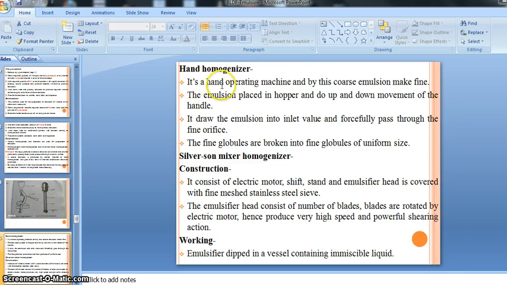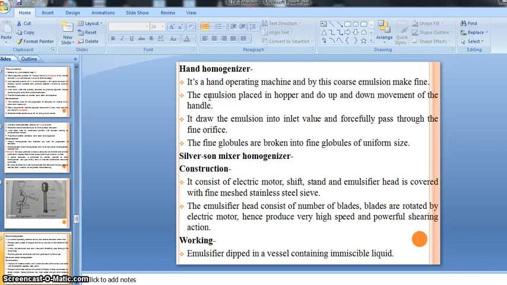It is a hand operating machine, and by this, a coarse emulsion is made fine. Whatever coarse emulsion we prepare, we make that emulsion fine, which means we can reduce the globule size of our coarse emulsion into fine globules, right?